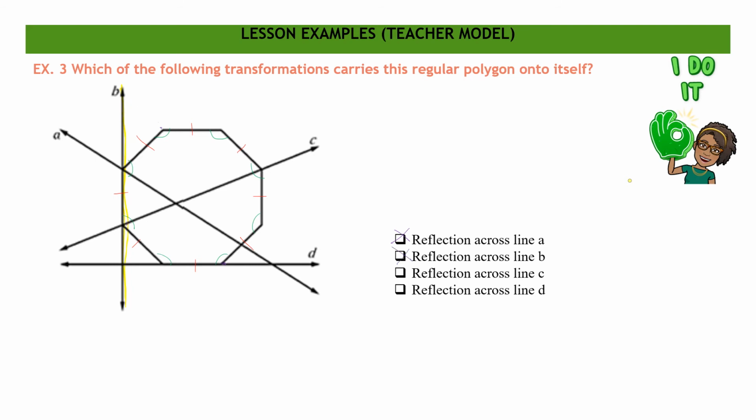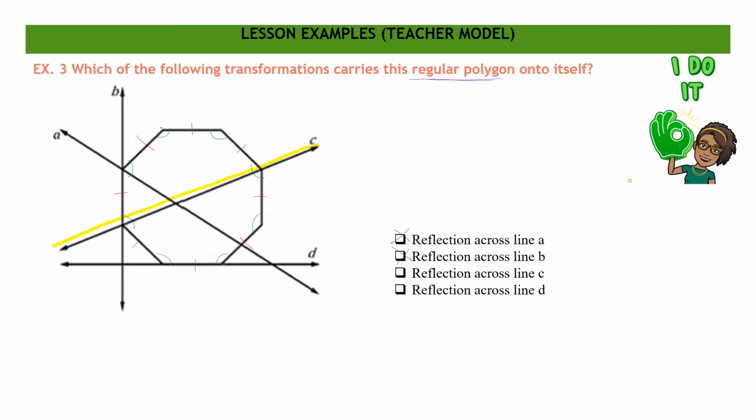Let's look at line C. So line C we have here. This is line C. So remember, ladies and gentlemen, when we are looking at a transformation that carries a figure back onto itself, especially regular polygons, we are looking at if opposite vertices are matching up with each other after the fold or flip or rotation.